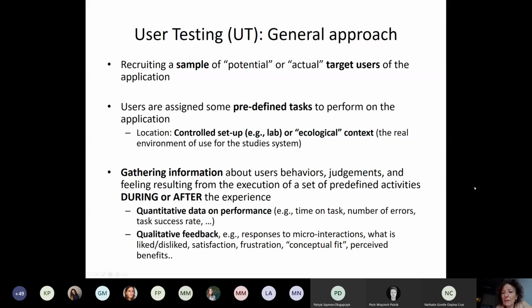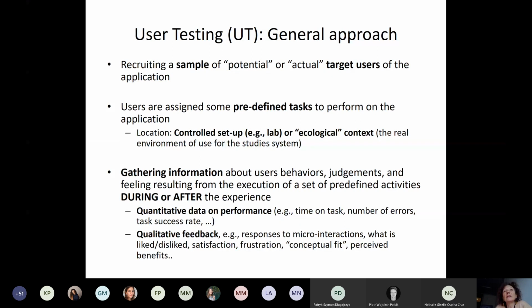Of course, it's a very subjective and emotional perspective. So what is the general approach to user testing? First of all, recruit the right people. So recruit a sample of the potential or actual target users of the application. By potential, I mean users that have not used a similar application yet, but might use it in the future.